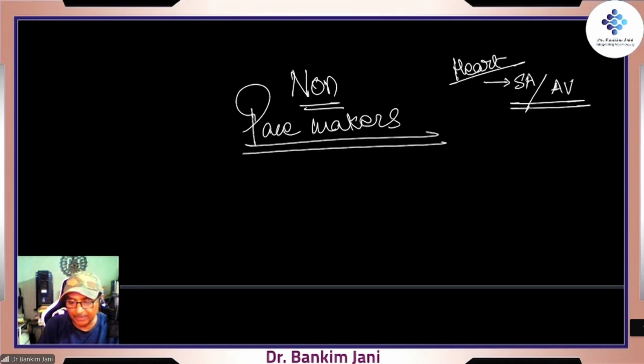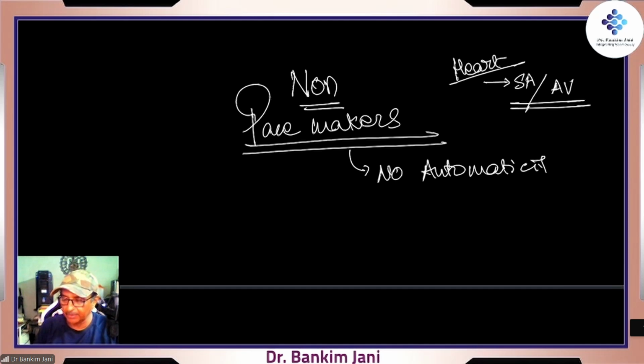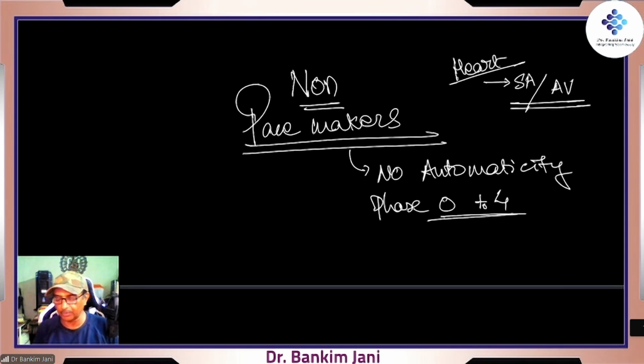So non-pacemakers, that means there is no automaticity. They can't generate the impulse by themselves. That's why you'll find phases 0, 1, 2, 3, 4 are present. These are the two important ones. And third, is it having a resting potential? 100%.